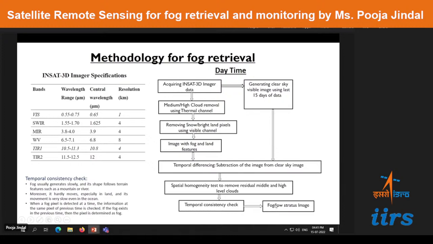One more point: if you notice, I have written fog/low stratus image. Low stratus are basically a kind of low level cloud.